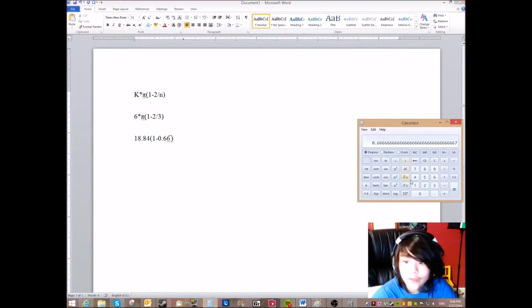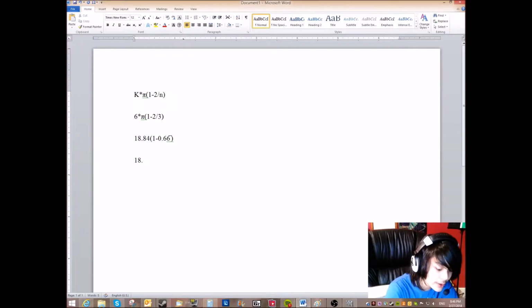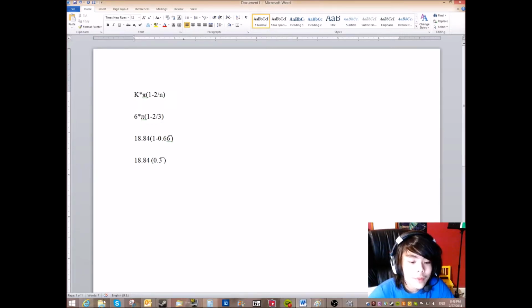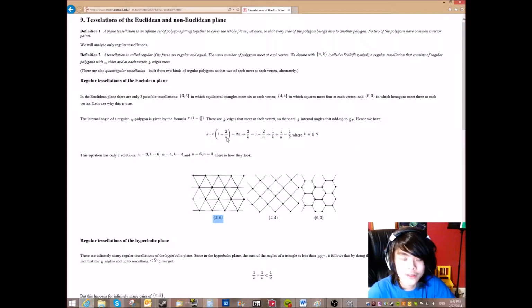So, once we have that, we can have 1 minus 2 divided by 3, and we get 0.3 bar, so then we get 18.84 times 0.3 bar. And so if we take that and multiply it by 18.84, we get 6.28. Now what does that mean?